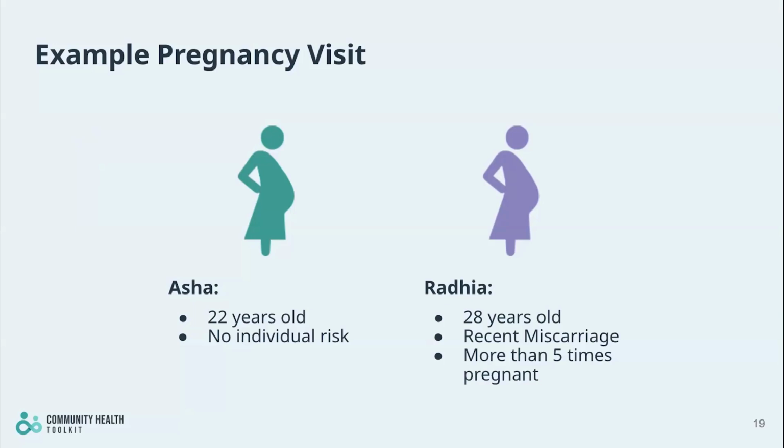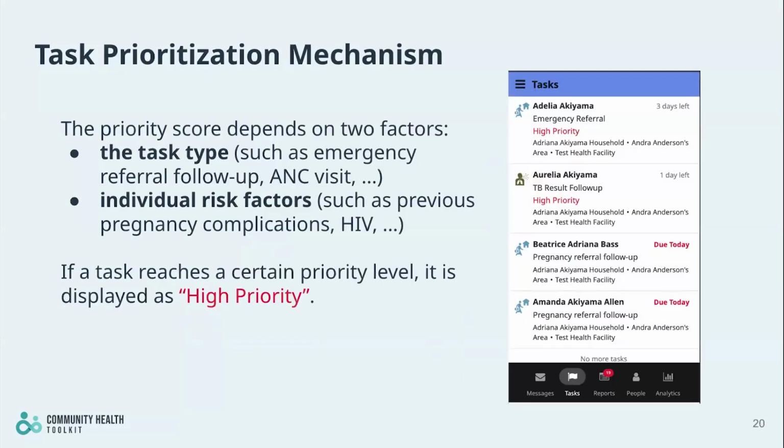So if you go to the next slide, the way we implemented this is based on a quite easy concept. Each task has a priority score. And this priority score depends on the task type. So what type of task is it? Is it an emergency referral? Is it an ANC visit? Is it a child visit? As well as the individual risk factors of the person.